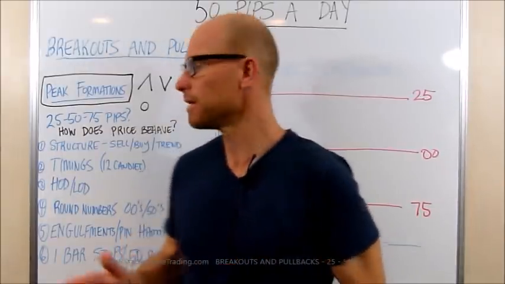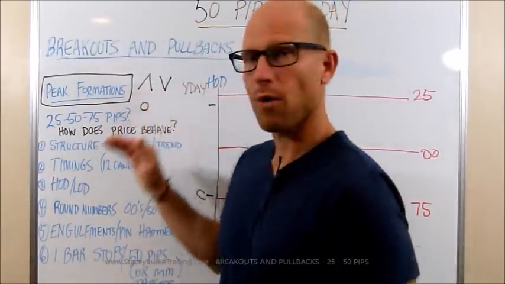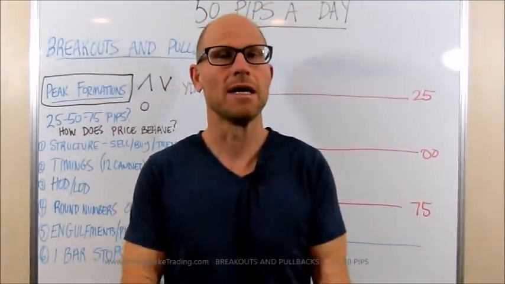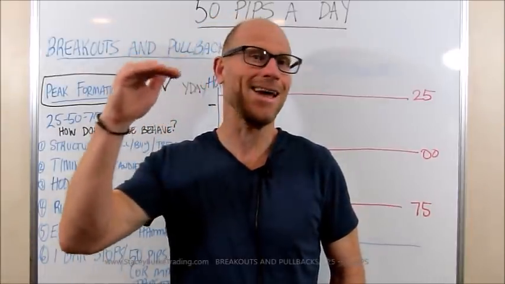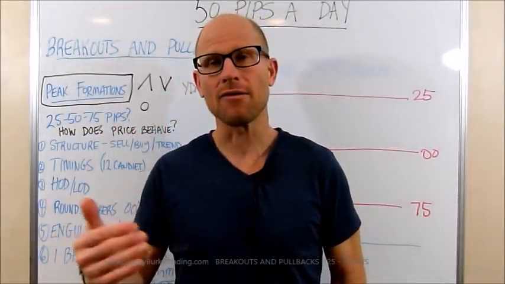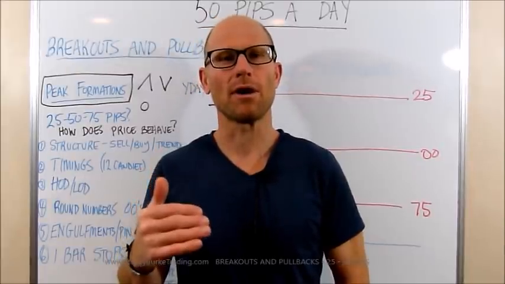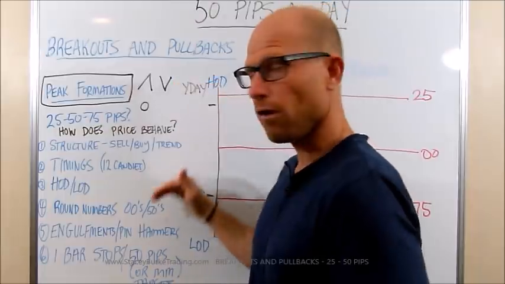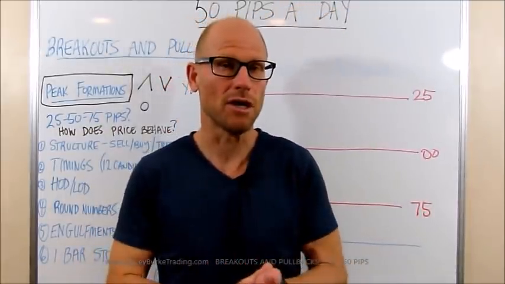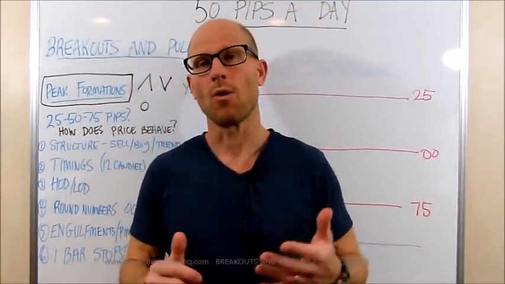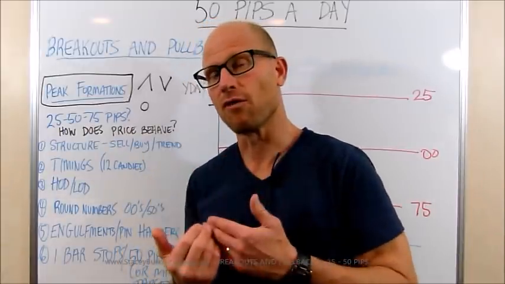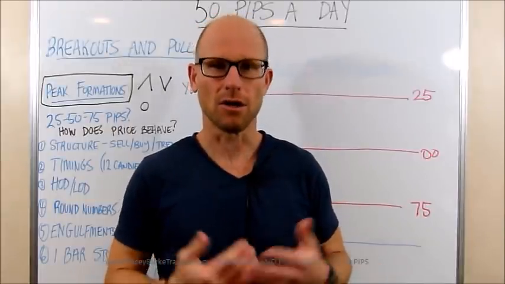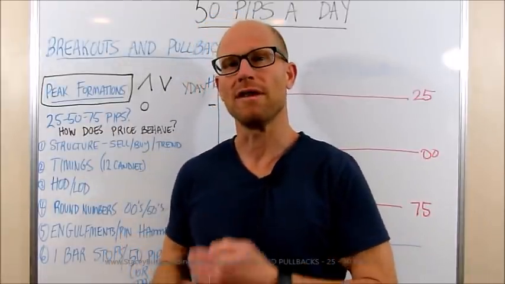Now often when we have a peak formation low or high in place and the market has had a down day, for example, or an up day, the 25, 50, and 75 increment levels will often be where the market will either consolidate for a reversal and then a follow-through measured move through a peak formation low or high, or the market will have already put a peak formation in, taking out a previous day low or high for a move in the opposite direction.